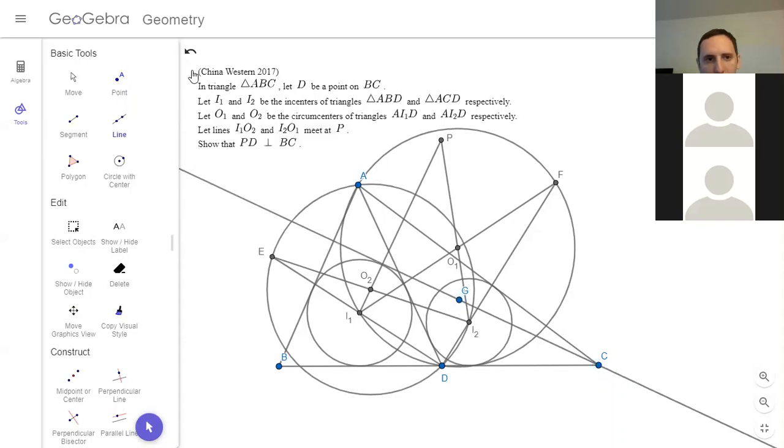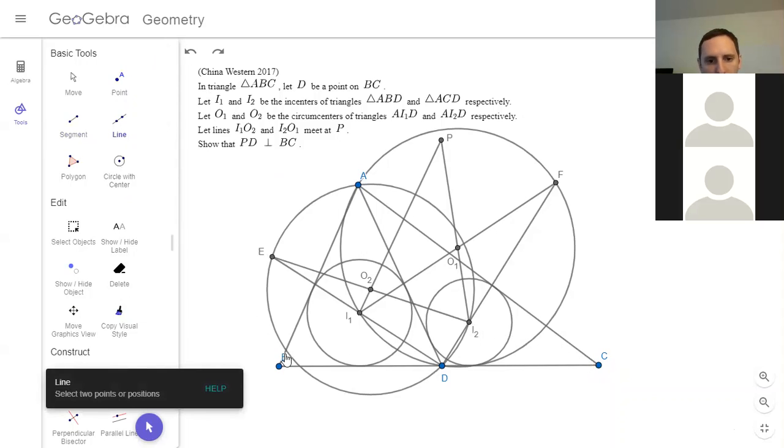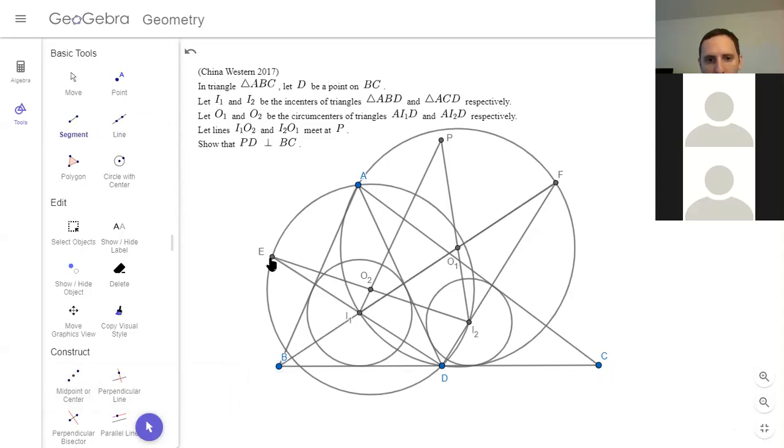I think that's probably easy to prove by an angle chase. Let me make sure that's not just a coincidence, but I don't think it is. I think it's true. And then this right here would be the incenter of triangle ABC.